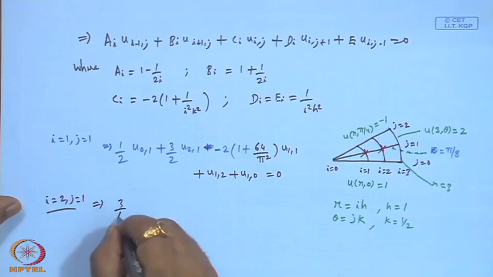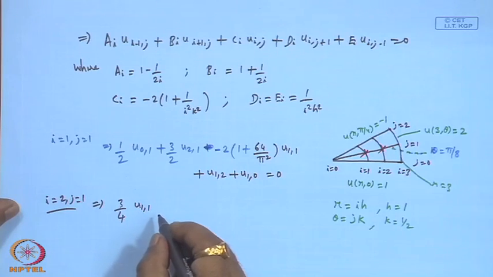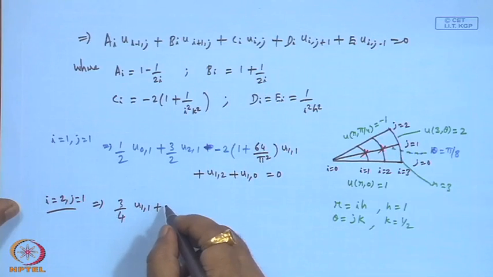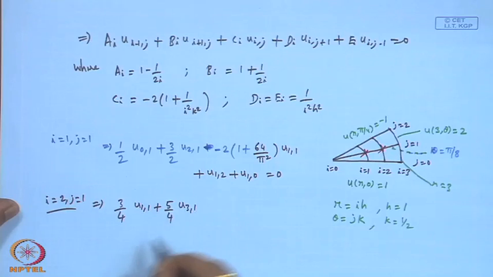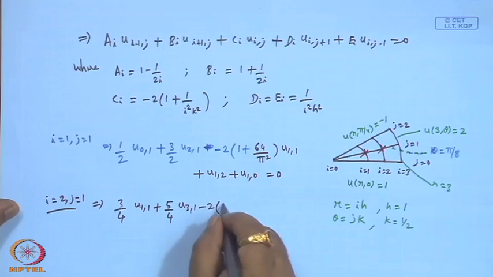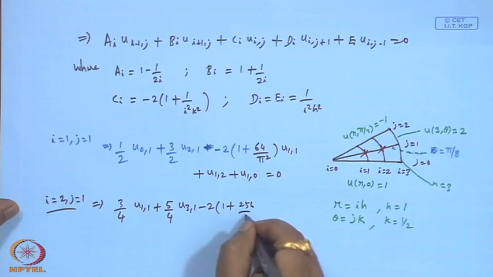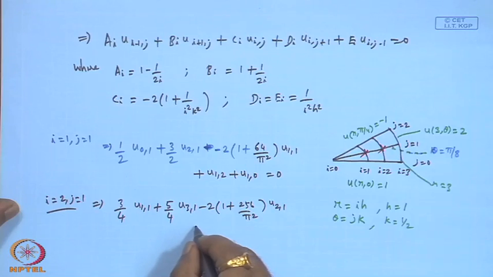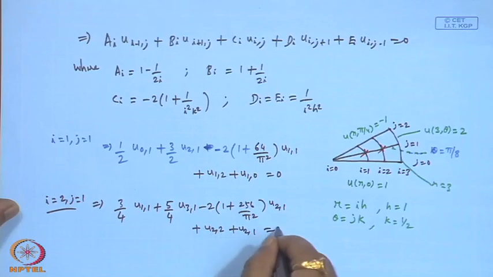So, this will be 3 by 4 u_11 plus, i is 2, so 5 by 4 u_31 and this will be u_21, okay.